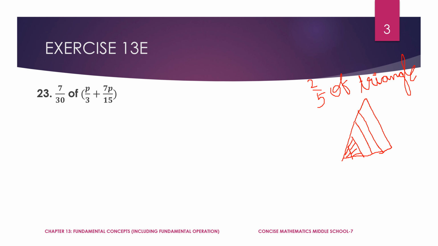For example, I am drawing like this, but it should not be like this. The triangle should be equal. See, this part is small, this part is big. It should not be like that. It should divide into equal parts. Okay. So, it is divided into 5 parts, and we are going to talk about only these 2 parts. This is what it means, 2 by 5 of a triangle. So you would have understood what the question means now.